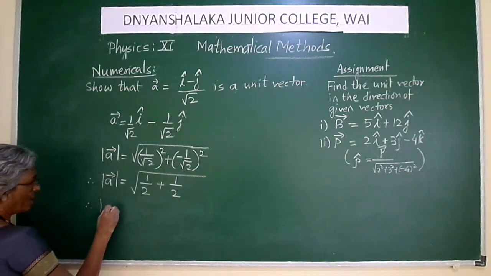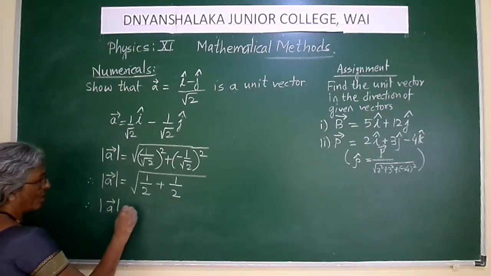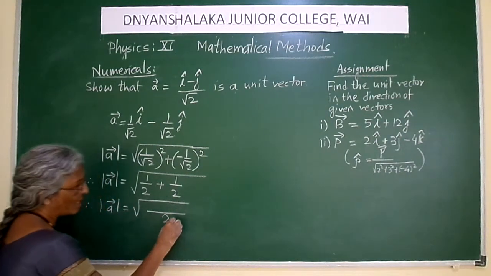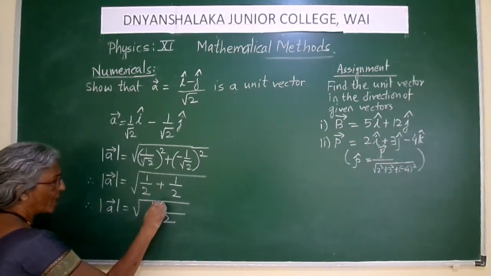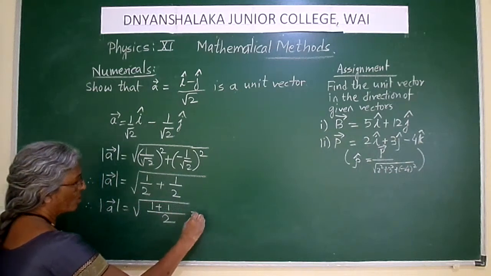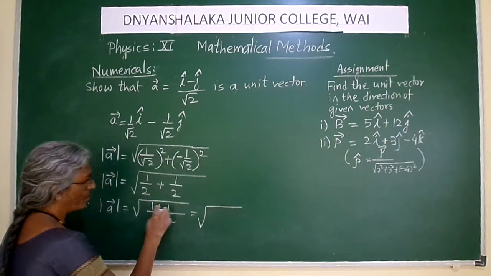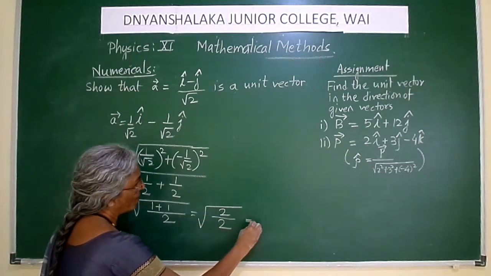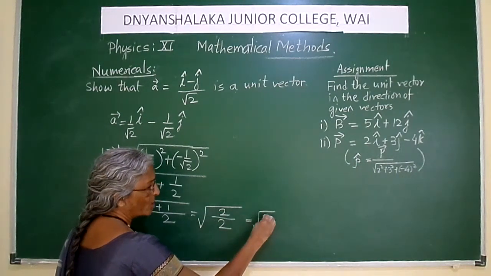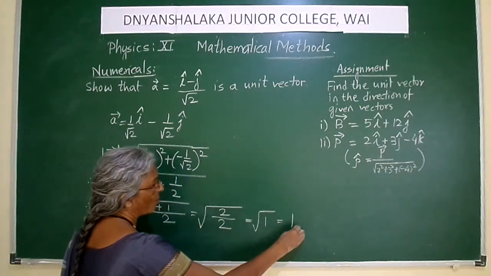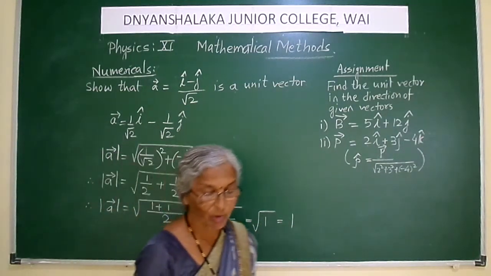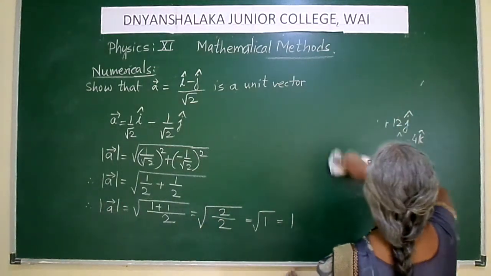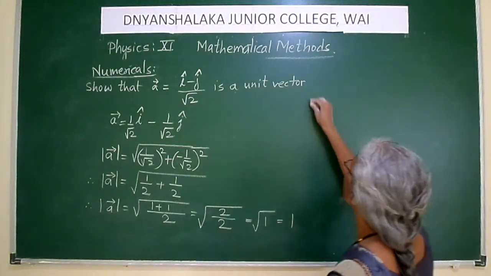So magnitude of this vector A is equal to under root, write the common denominator 2, and in the numerator 1 plus 1. So that is equal to under root 1 plus 1 is 2 upon 2. How much is the value 2 upon 2? 1. So root of 1, and what is root of 1? 1. So what have I proved? The magnitude of this vector is 1. Therefore, by definition, the given vector is a unit vector.